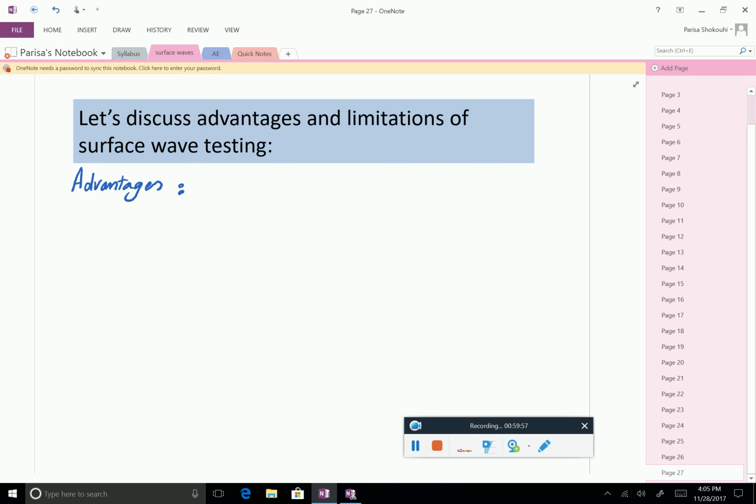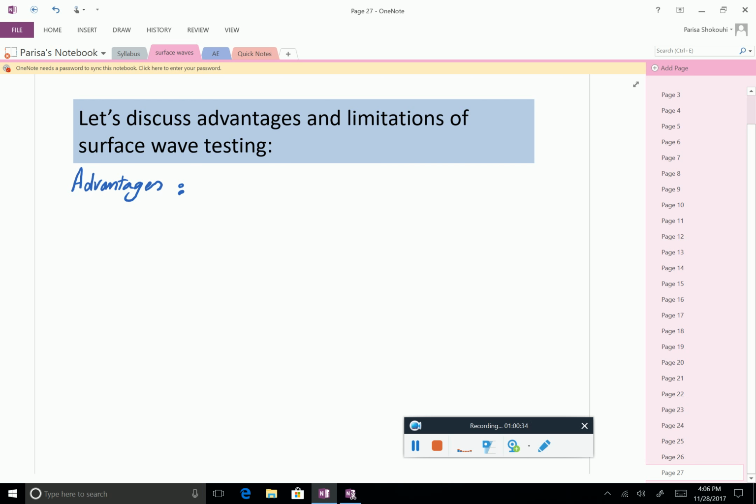Exactly. So one big advantage is that you can have your transducers far away from each other. In metals, on one project I was working on with his advisor, we used transducers which can be placed 2-3 meters apart, and they can still inspect the whole area in between them.